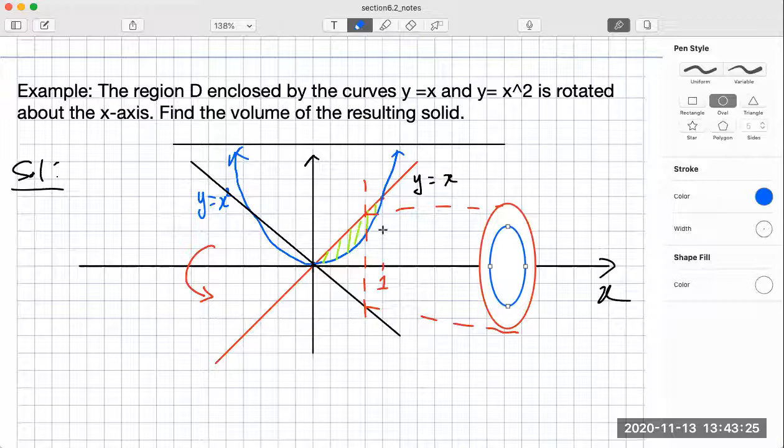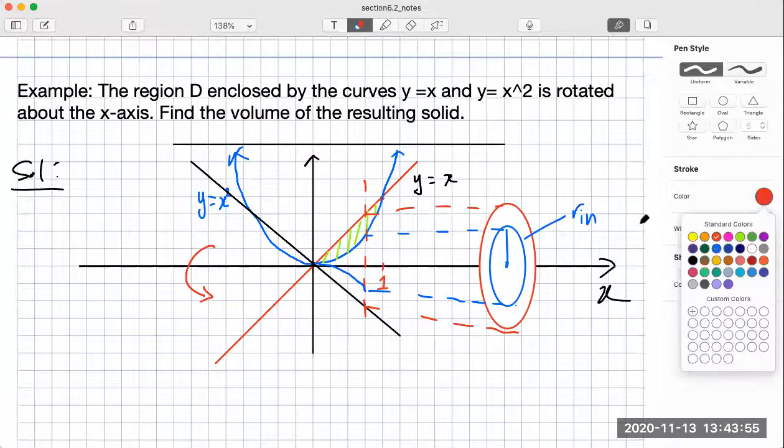And the point here should be like this. So the distance from the x-axis to the curve here, let us call it R inner, right?